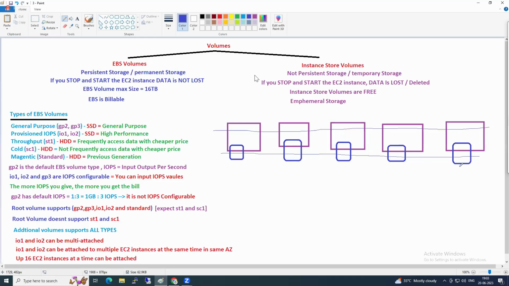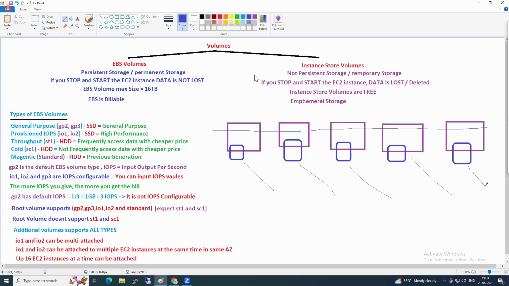Answer is yes. If you say no, what will happen to all these root volumes in the backend? Will you keep them empty, idle like that? No, it's a waste of money. If you terminate the EC2 instance, all your root volumes are by default also deleted.